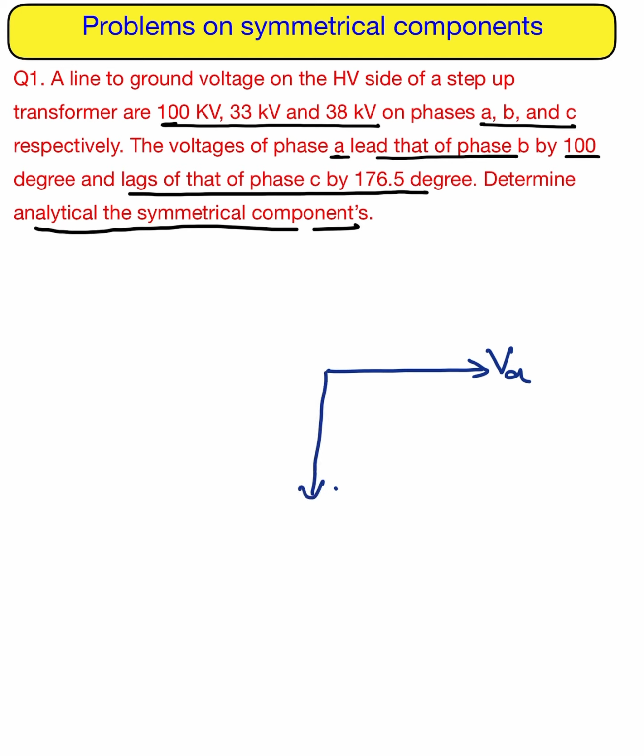Next, phase A lags phase C by 176.5 degrees, so VC lags by 176.5 degrees. So phase A leads phase B by 100 degrees and lags phase C by 176.5 degrees.